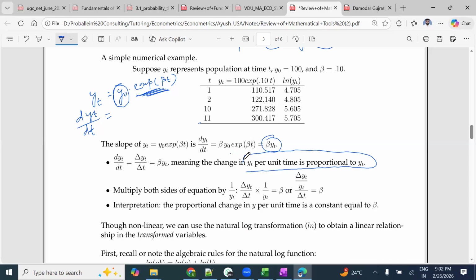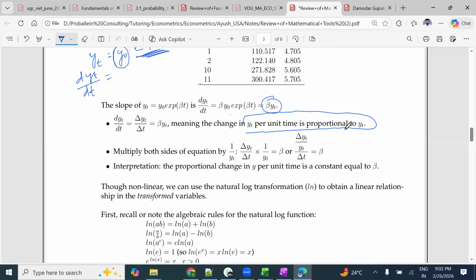Yes sir, there is no problem. We are simply using the exponential function rule with the chain rule, because we have to calculate dyt with respect to t, but here e to the power bt is mentioned.